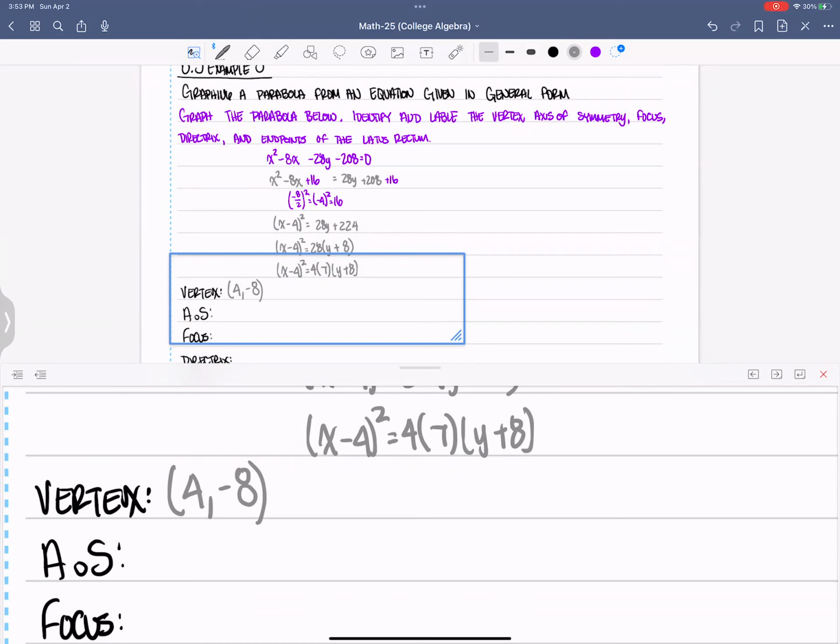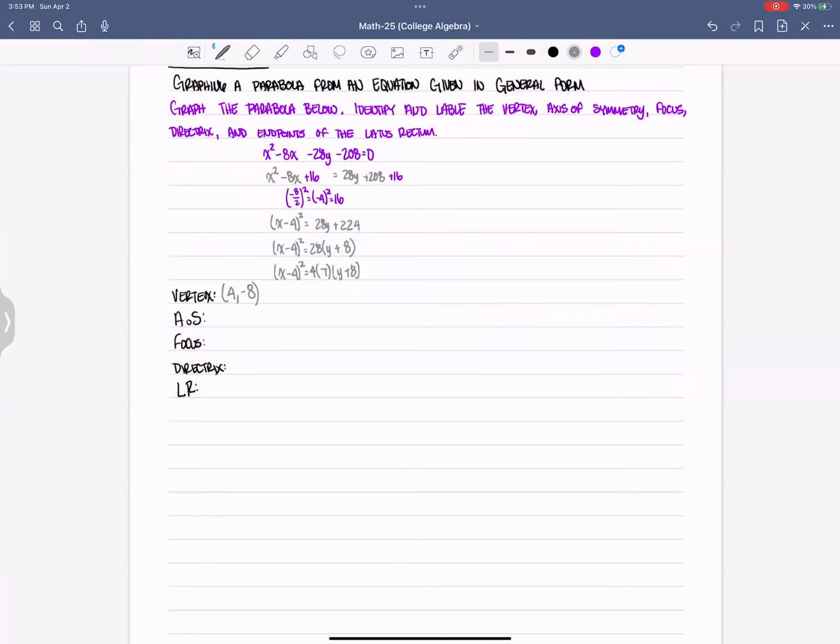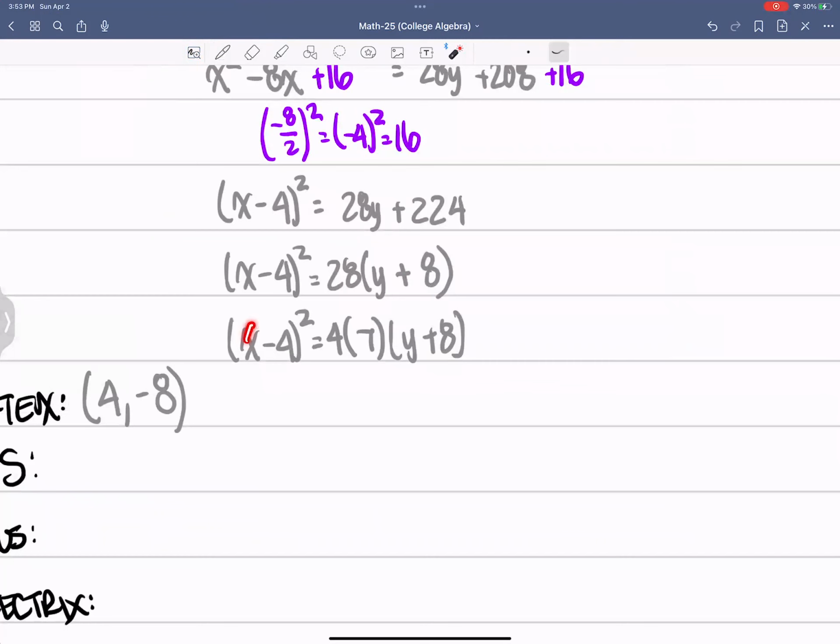And now the axis of symmetry. So let's look at this. x being the one that's squared tells us that we're going to have either an upward facing parabola or a downward facing parabola. Since p is positive, we're opening up in the positive direction, so an upward facing parabola.